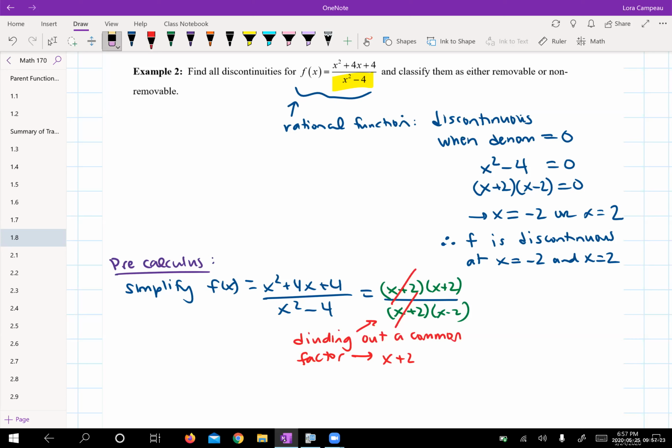And actually, let me write that a little nicer for you all. So we're dividing out the common factor x plus 2. And so that would imply that x equals -2 is a hole. And we know that holes are removable.